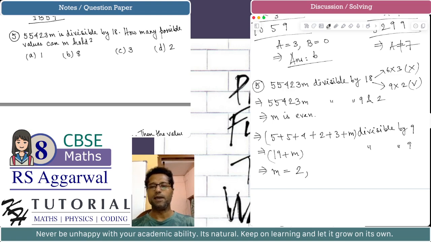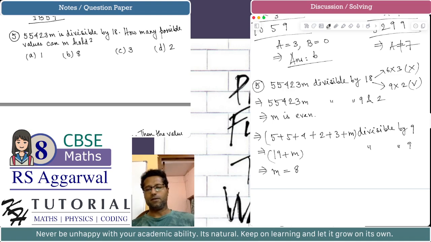It is 8. So the least value of m such that 19 plus m is divisible by 9 is 8, because 19 plus 8 is 27, which is the next number after 19 which is divisible by 9.